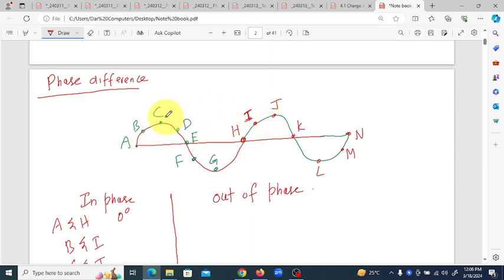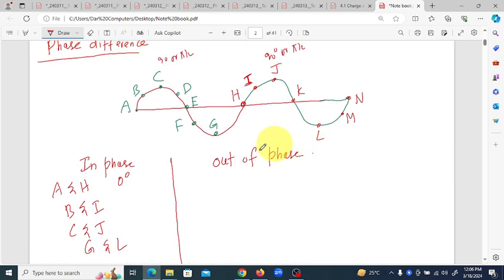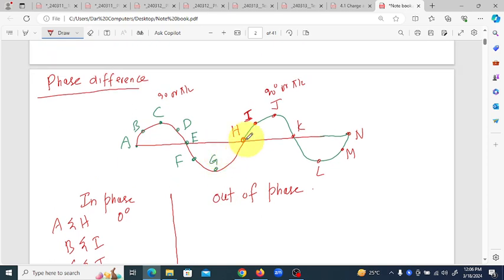C and J: C is at 90 degree or pi over 2, and J is also at 90 degree or pi over 2. So they are at the same phase. Similarly, we can compare different points. G and L are also in phase. They have the same phase, the same angle.